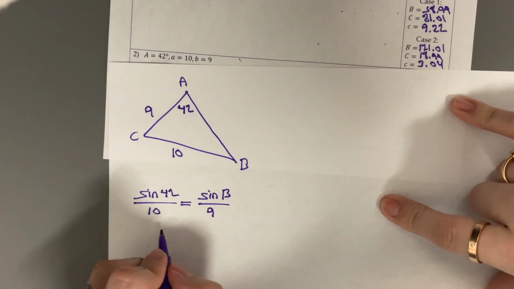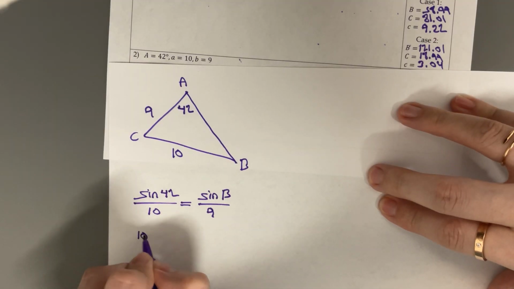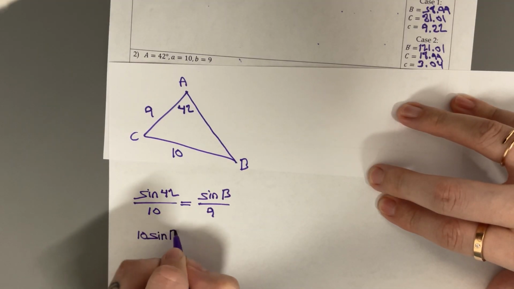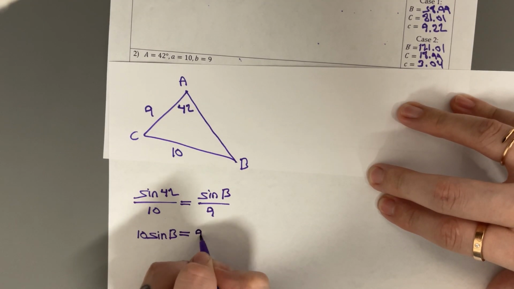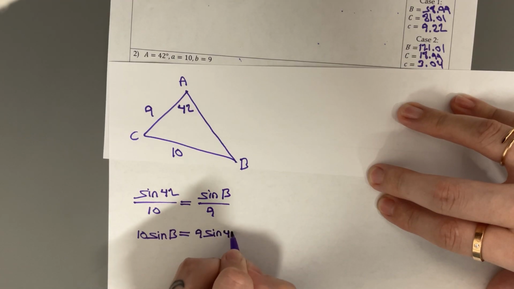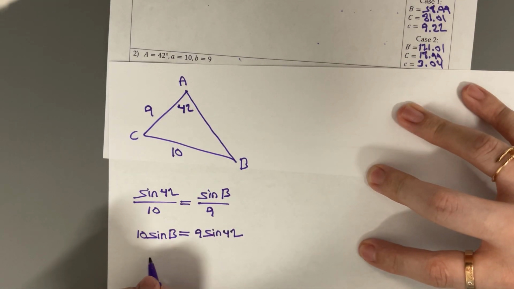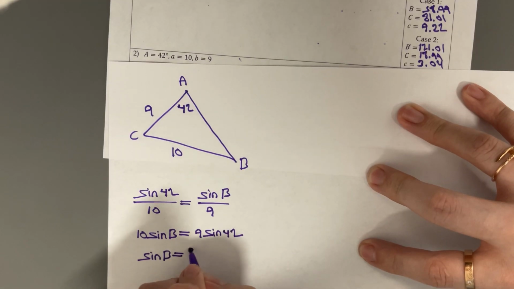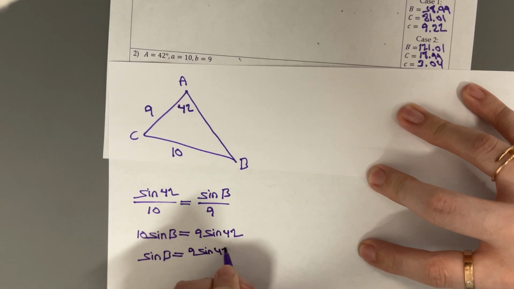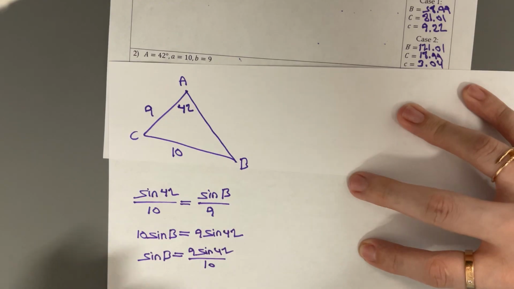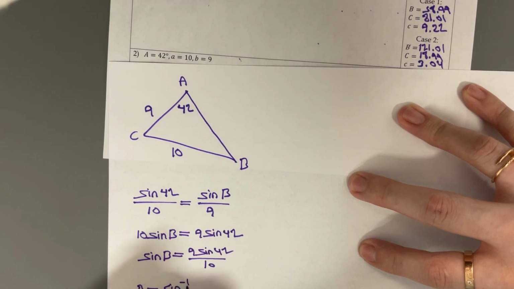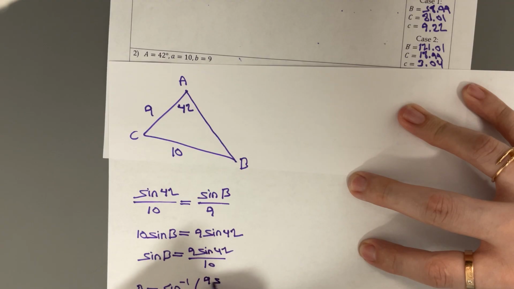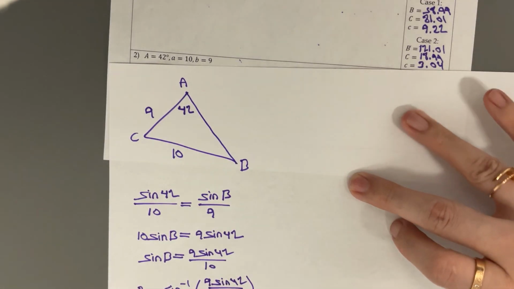So when I cross multiply, we're going to have 10 sine B, and that's going to equal 9 sine 42. So then sine B is going to be 9 sine 42 over 10. And then inverse sine both sides, so inverse sine of 9 sine 42 over 10.